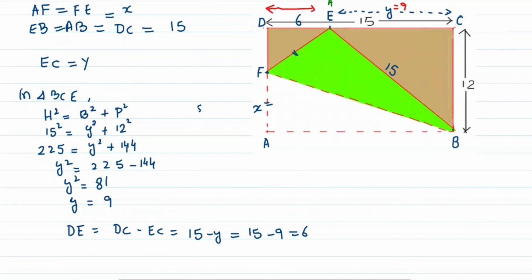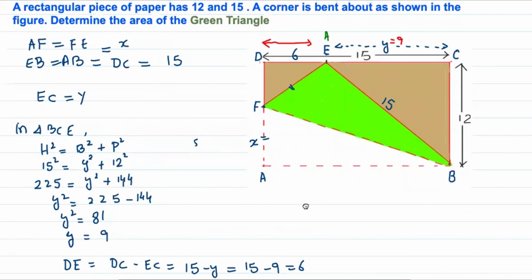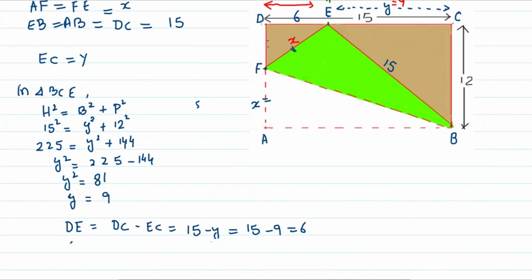Now we take the right angle triangle FDE. In this right angle triangle FDE, this length is equal to 6, and DF length will be equal to the total length AD minus AF. Now the length AD equals BC, you see here.